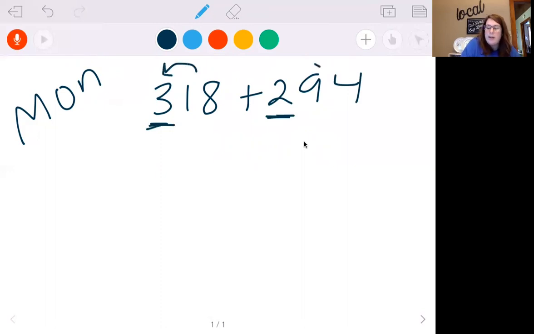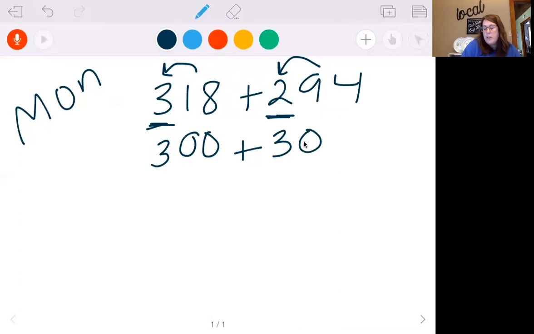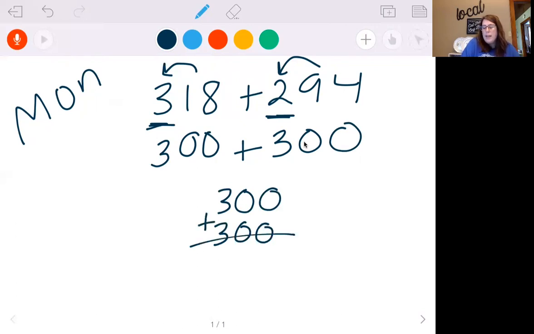I'm going to draw my arrows to help me remember. 1 makes a 3, stay a 3. Everything after it changes to zeros. 9 makes a 2 go up to a 3, and everything after it changes to 0. If we add those up, we get 600. So we get about the same answer for each one.